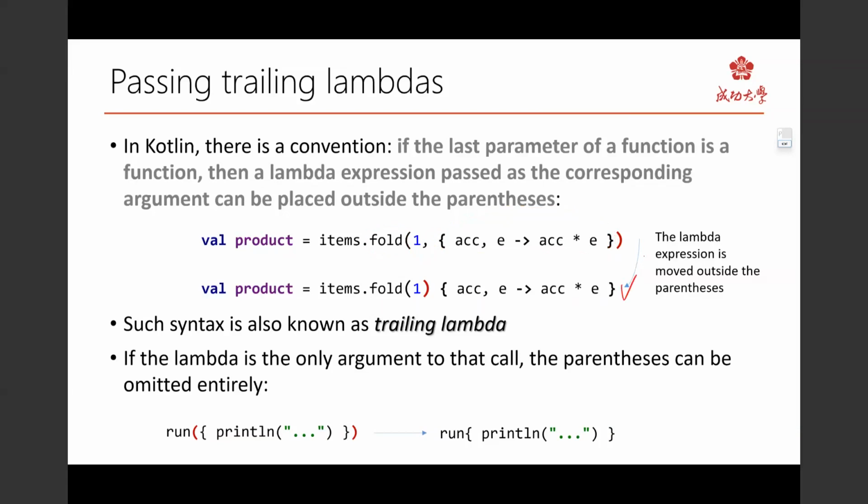This format is much neater and cleaner, right? So this is what we call the trailing lambda. If the last parameter of a function is a lambda expression, then we can move the lambda outside the right parenthesis, after the right parenthesis.